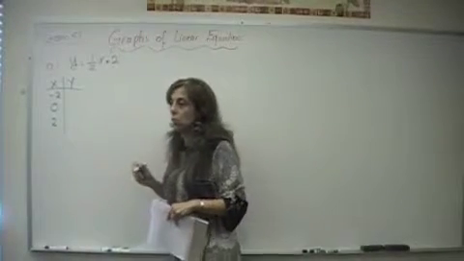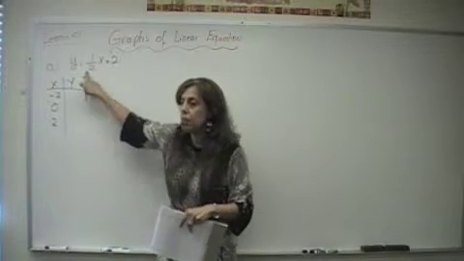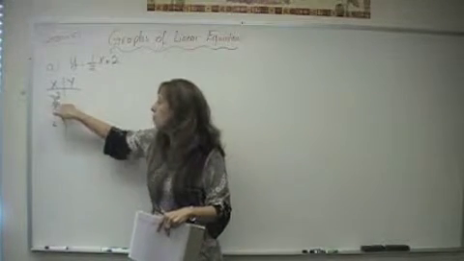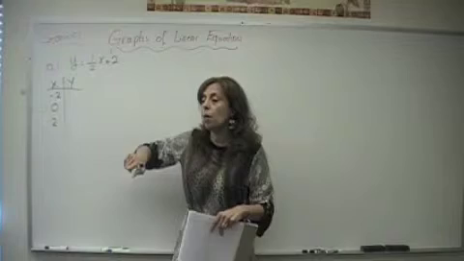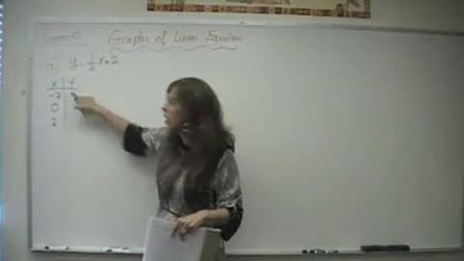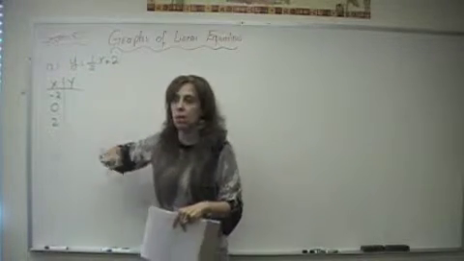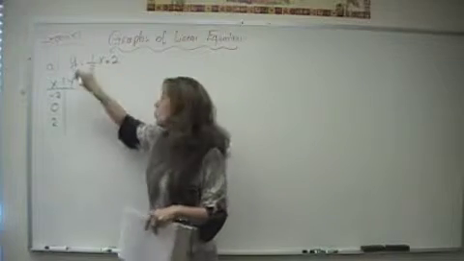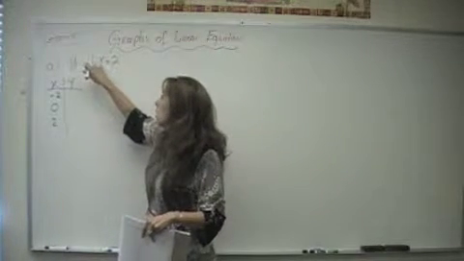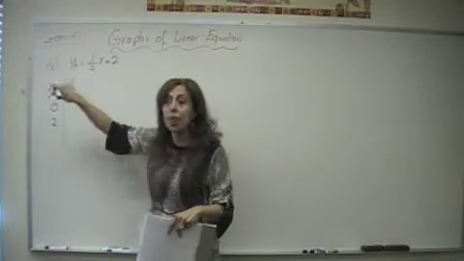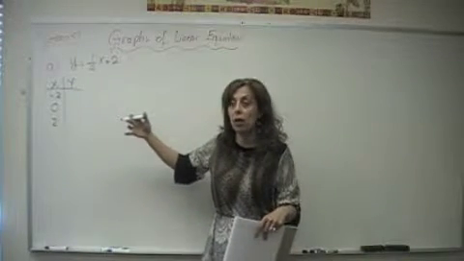So my first point is going to be -2, and my second point 2, and it's always good to pick 0 as one of your values. Since you have the 1/2, we're going to pick the 2, one time negative, one time positive. If I have 1/3, I would pick -3 and 3. Why? When I substitute x by its value, I can cancel and I have the value of y.